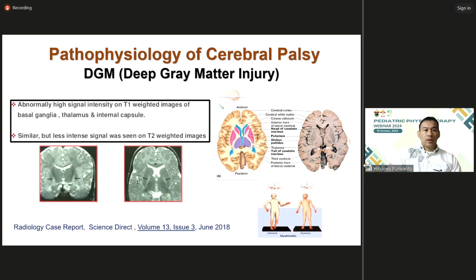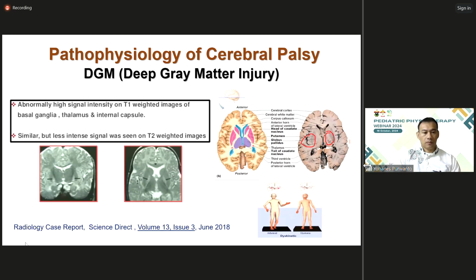The last common pathophysiology of cerebral palsy is DGM, or deep gray matter injury. Sometimes people call it basal ganglia injury. For example, the most common cause is hyperbilirubinemia, or icterus. The problem is not in the cortex, not in the subcortex, but in the basal ganglia here.